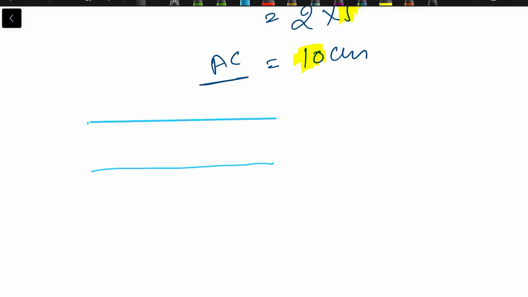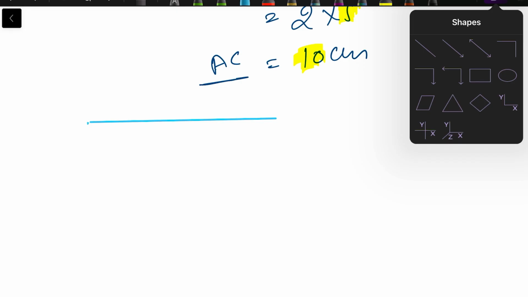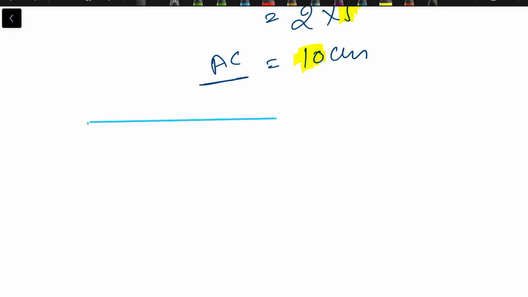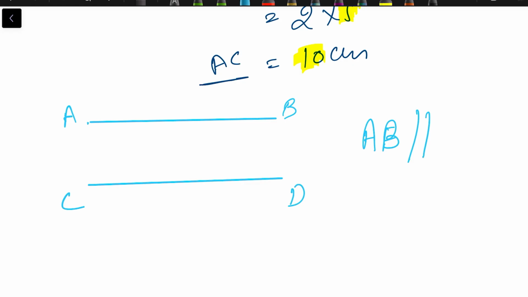Let's take these as parallel lines. So we have a line AB and another line CD. When we say AB is parallel to CD, what are the conditions?